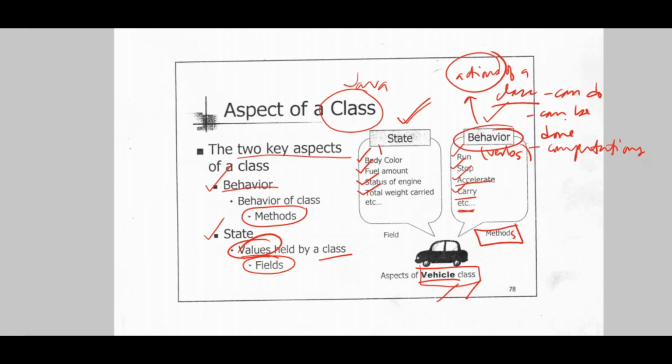So states are simply descriptions about the class or the object that the class represents, while behaviors are those actions or verbs that the object that the class represents can do or can be done to the class, or what are the computations that are involved in the class.